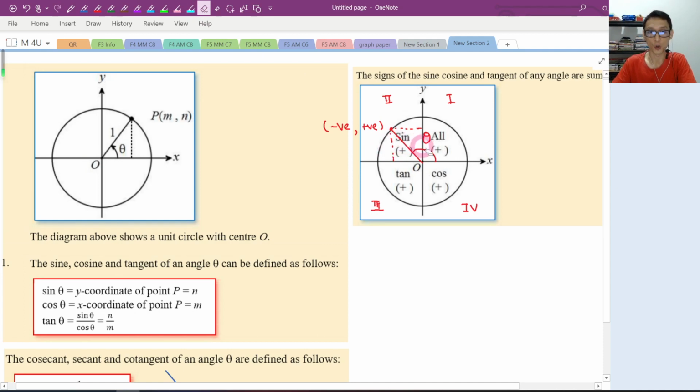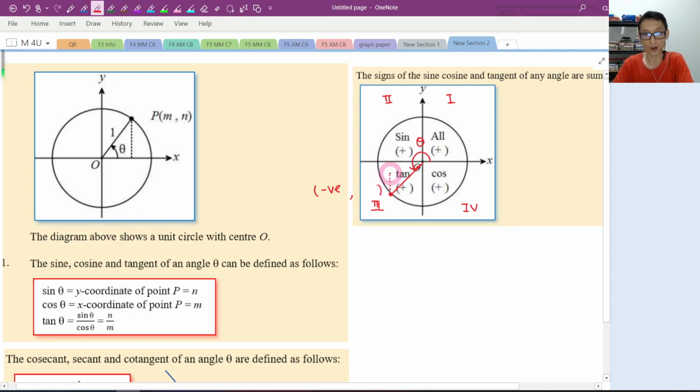So now, let's go to the third quadrant. Let's say this time your angle goes until the third quadrant, which is over here. So theta is here. Try to think of the signs of the coordinates of this point. The x coordinate will still be negative, and the y coordinate this time will be negative as well.